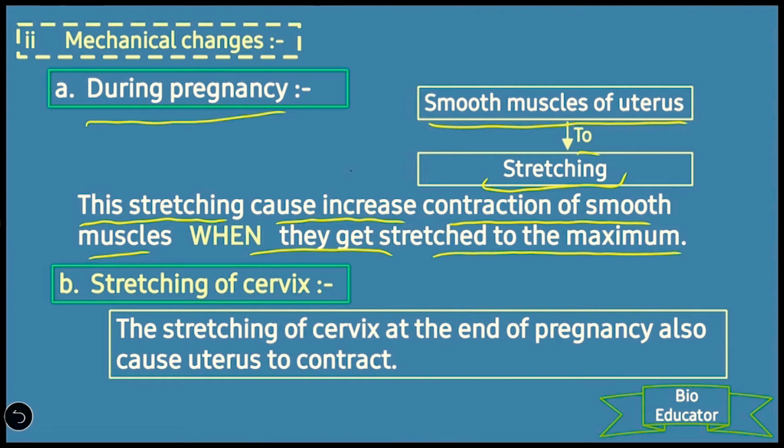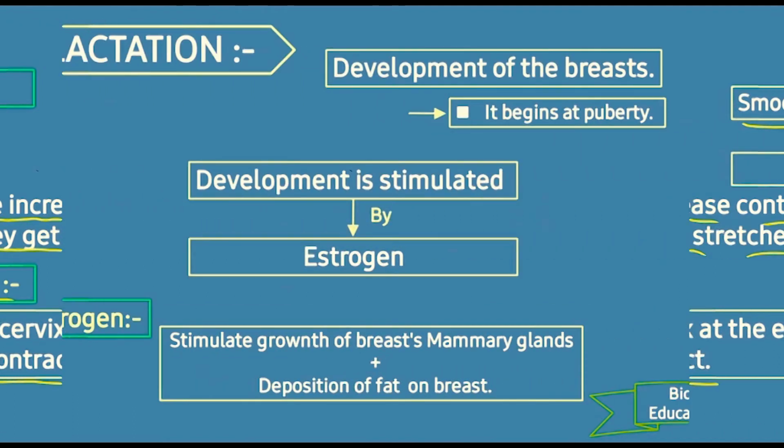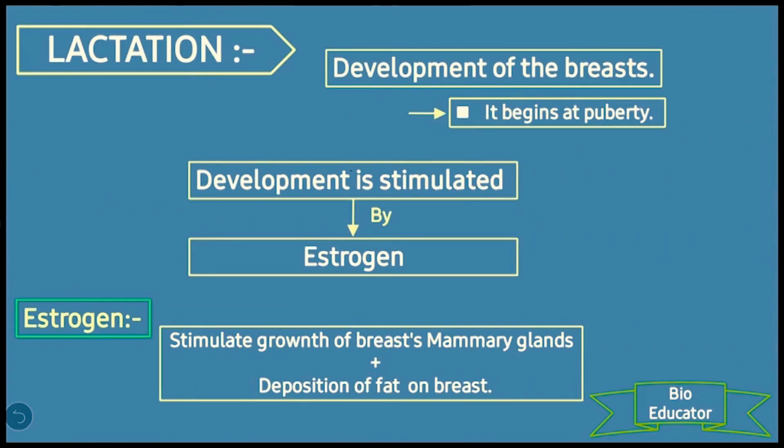So this contraction of the smooth muscles due to its stretching helps in the rhythmic contractions of the uterus. B. Stretching of the cervix. The stretching of the cervix at the end of pregnancy also has some effect on the uterus to contract it.